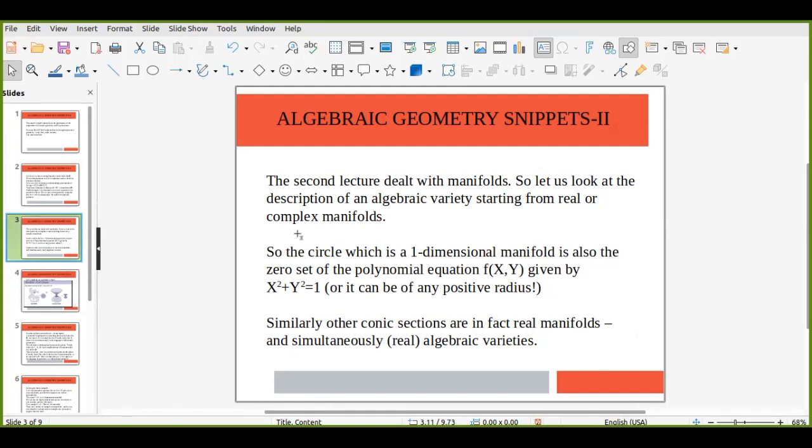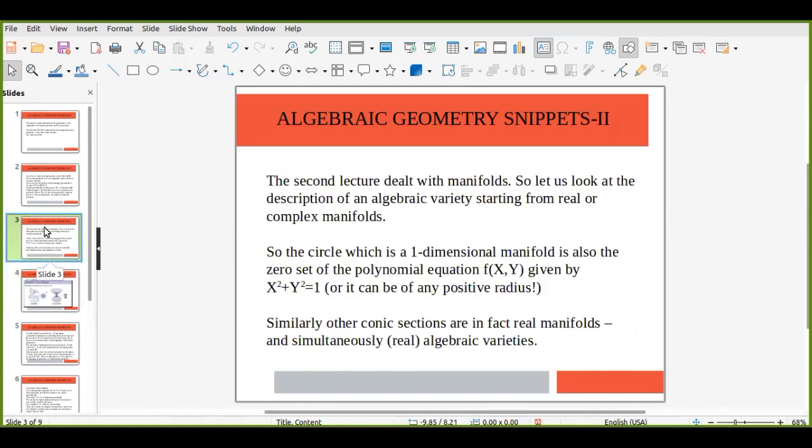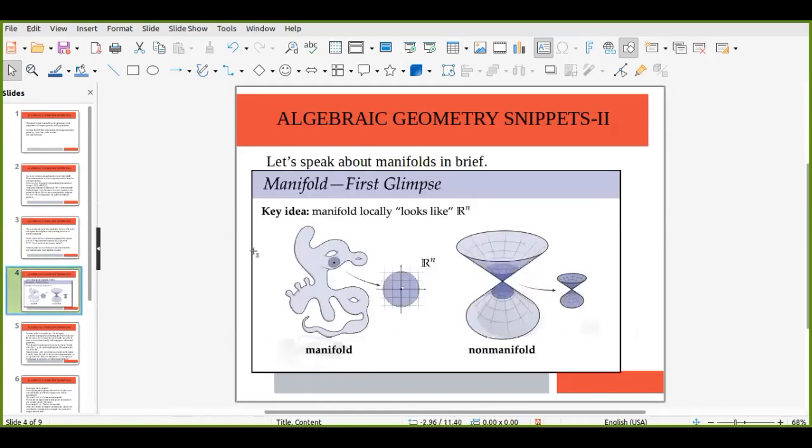But before that, let's look into the topology or differential geometry setting of real manifolds. There is a very interesting caricature kind of picture, but still it's a manifold. In this picture, we see that at every point on such a manifold, the neighborhood, just like what I say here, locally looks like R^n.